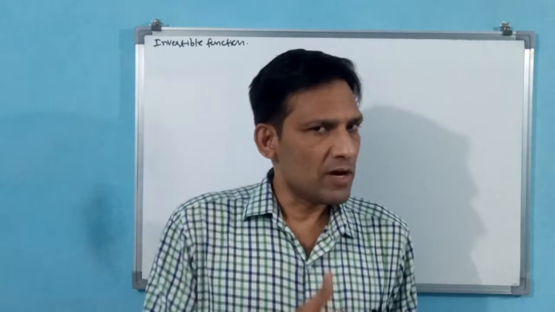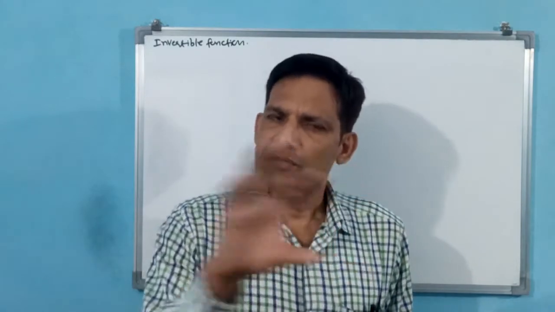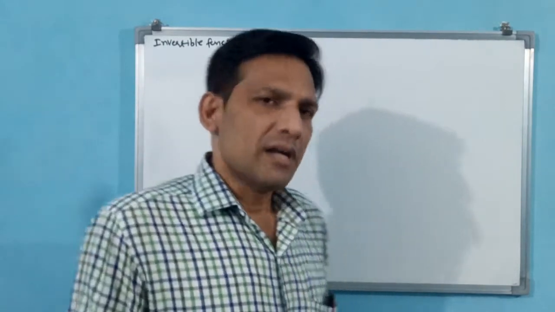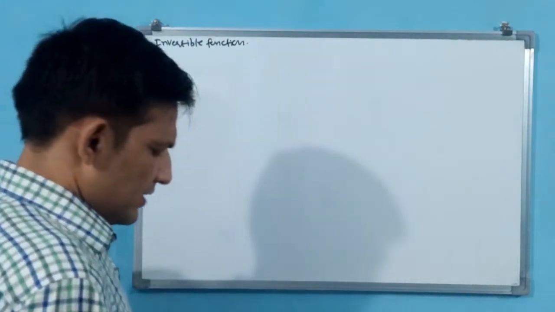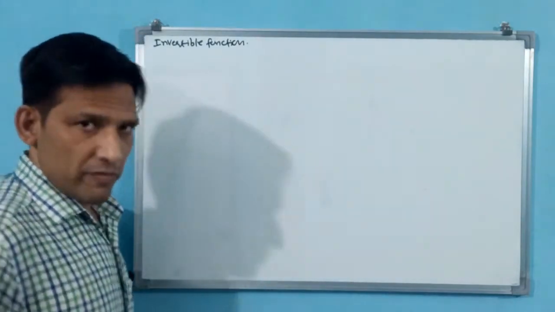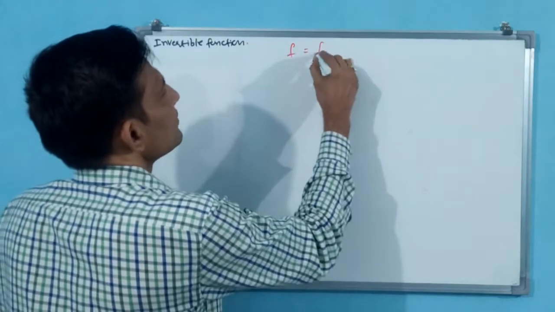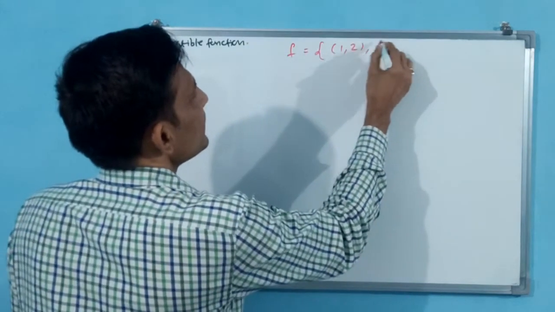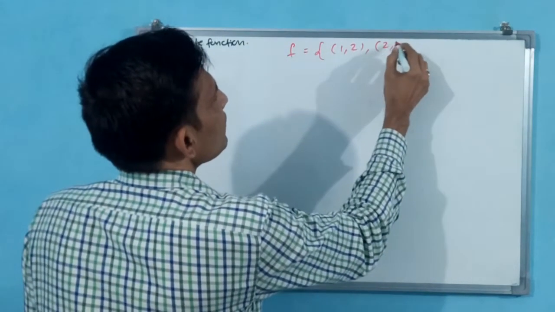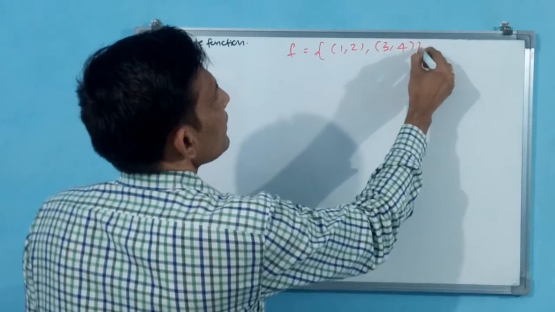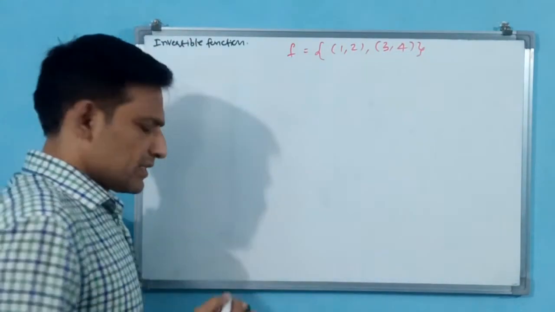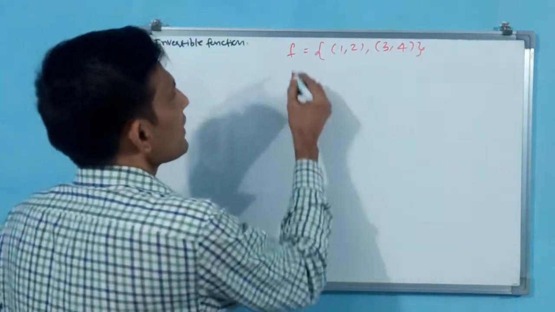Before that, first let us see what we did earlier for a simple invertible function. Earlier we were doing like this. Say if f is 1 2 3 4, then how were we writing f inverse?